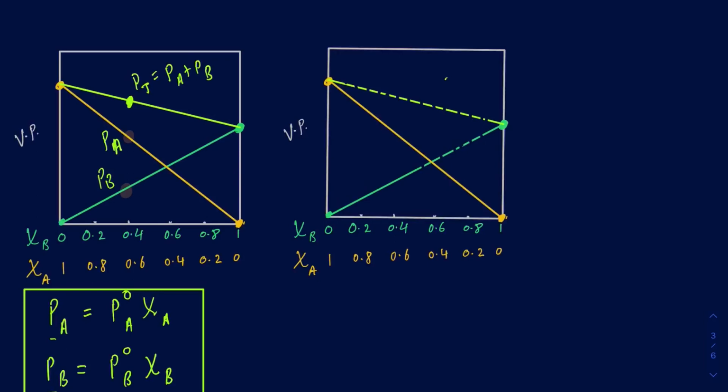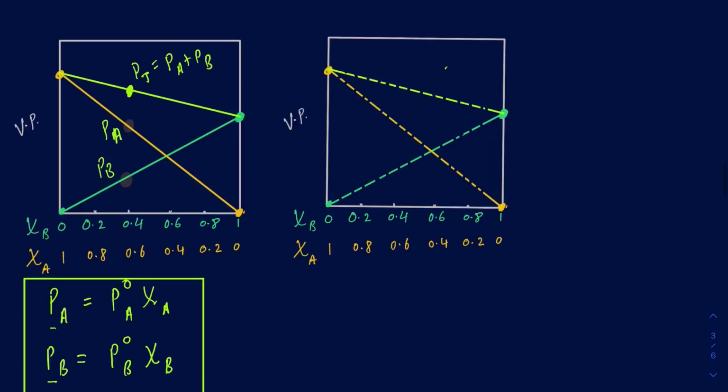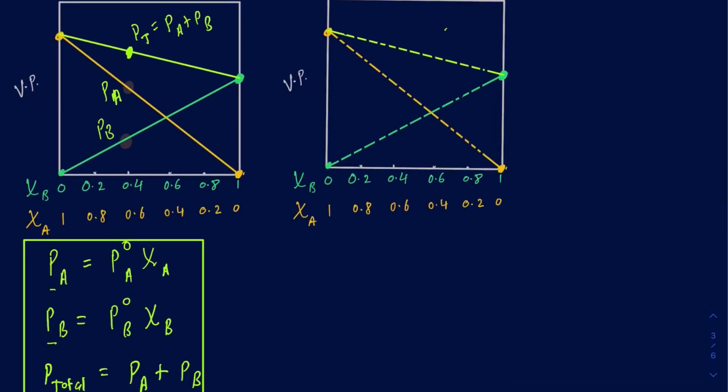So that's with respect to the ideal solution. But then there is a good chance that your AB interactions, because we're mixing up those two liquids, so the solute-solvent interactions, are actually greater than those AA interactions and BB interactions.